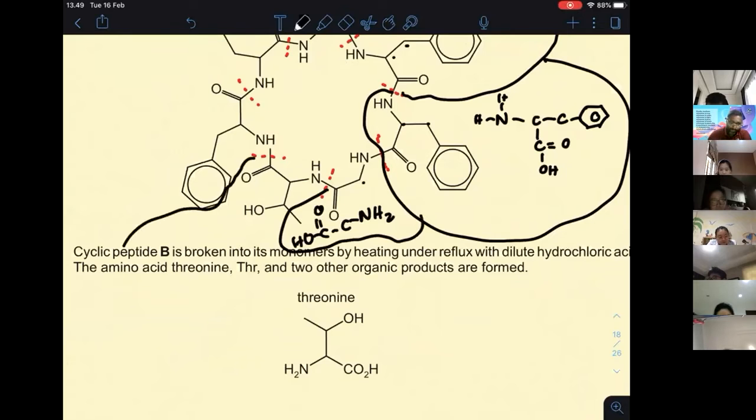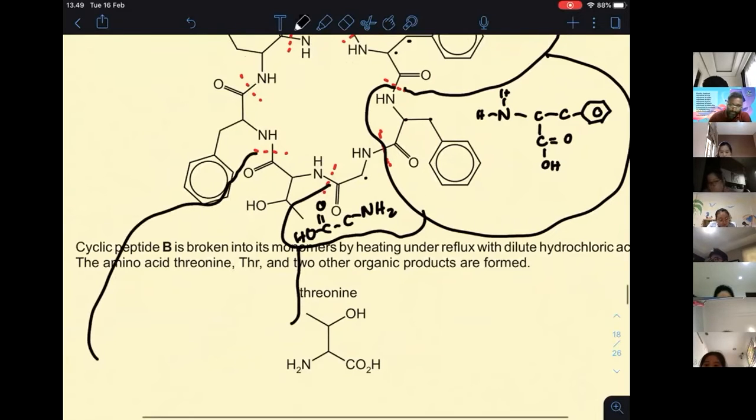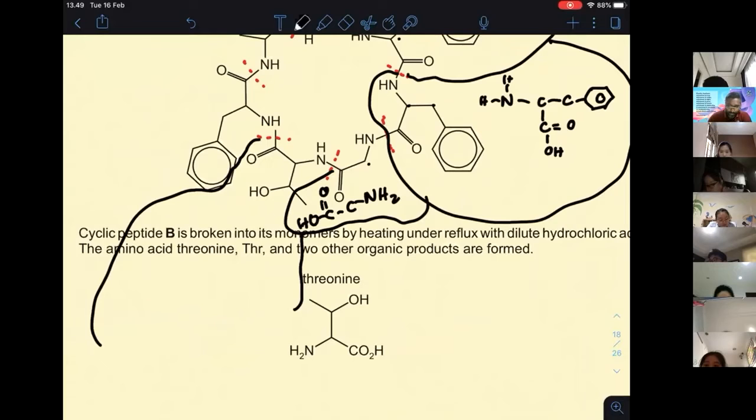For this one, C double bond O, OH, then bonded to another C, and this C bonded to NH2, and then this carbon is bonded to another carbon that consists of OH and also CH3, another CH3.